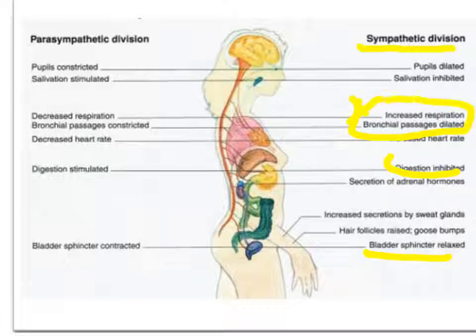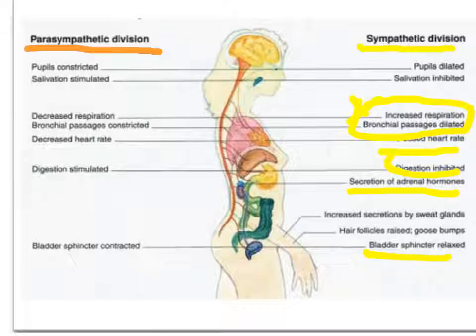So you're going to increase that respiratory rate, bronchioles are going to dilate, and then you're also going to have an increased heart rate, as well as this big adrenaline dump by activation of the adrenal hormones from that sympathetic stimulation of the adrenal gland.